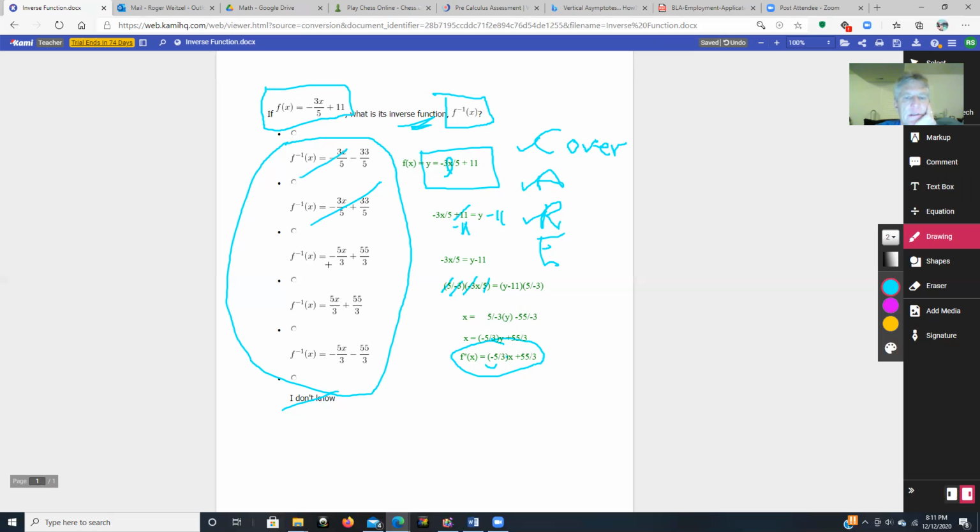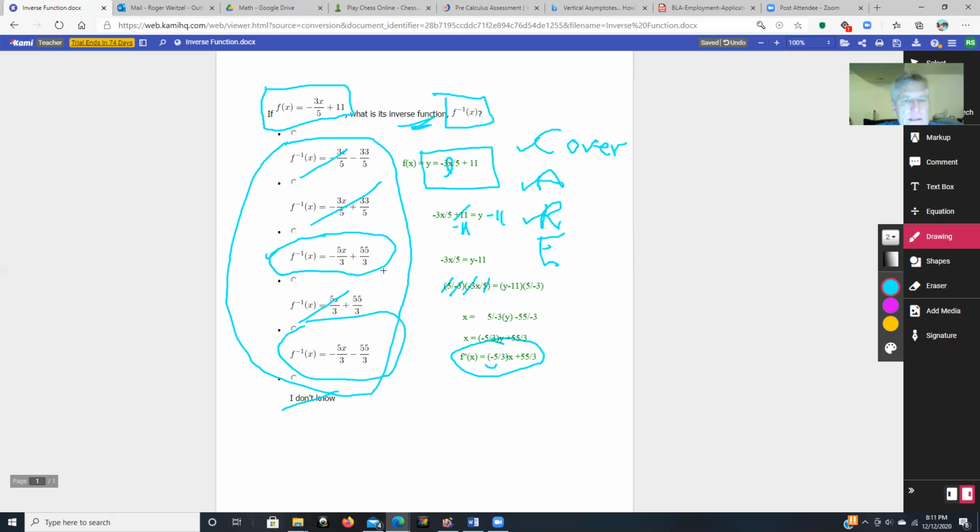This one has minus 5 in the numerator. That's a possibility. This one has a plus 5 in the numerator, so that one's gone. And this one has a minus 5 in the numerator. So we're down to 2 possibilities. Just by doing that, we have eliminated 3 answers.